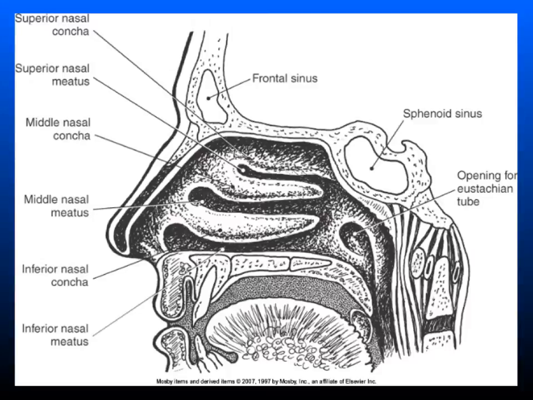All right. Here's another one. This is obviously a picture, it's not an X-ray image or CT, but it shows kind of where the nasal septum and the nasal meatus is, which is really important to know.